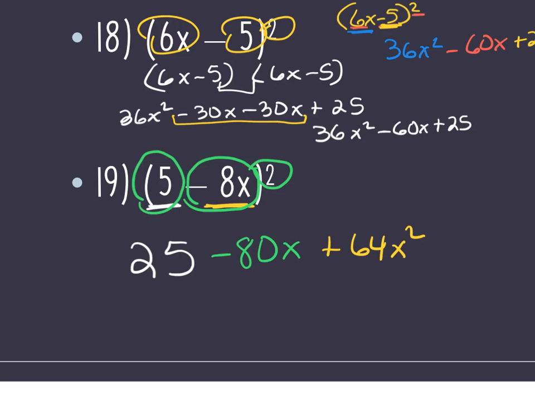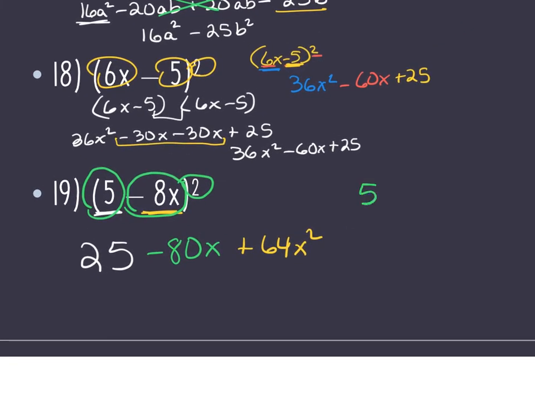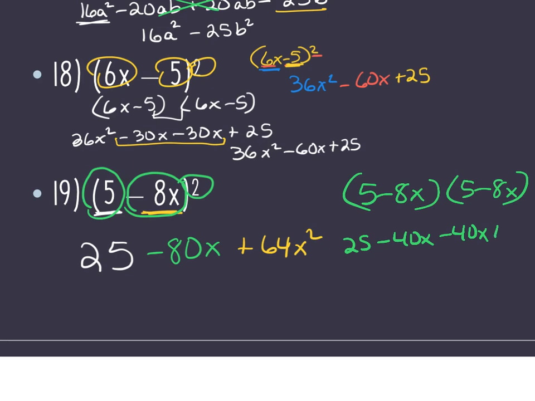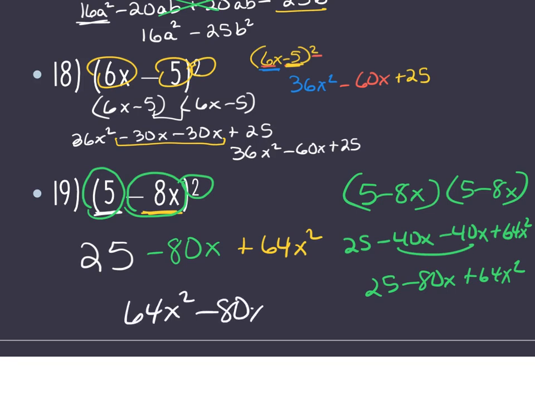But if you don't like the trick, you're going to write 5 minus 8x, 5 minus 8x, and FOIL it. 25 minus 40x minus 40x plus 64x squared. Combine the middles, and you're done. Now, if you want to write it in standard form, put the x squared first, and then the 25 at the end. I would accept either answer here.